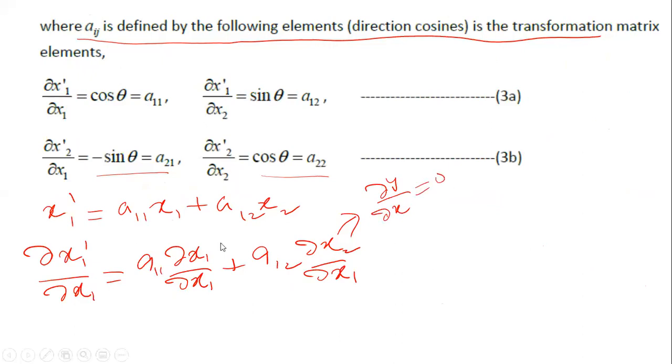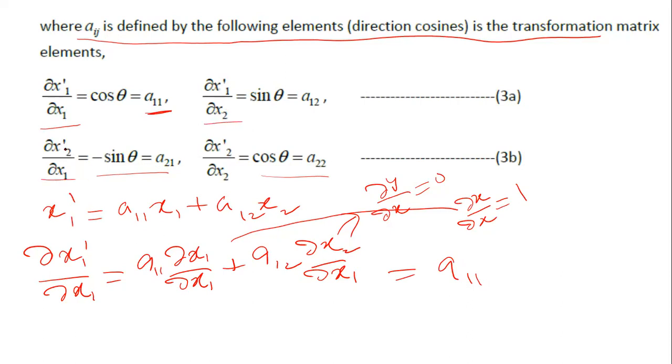So the first term is del x upon del x, this is 1. So this will be a11. So a11, as you see, is del x1 prime upon del x1. a12 is del x1 prime upon del x2, and similarly a21 is del x2 prime upon del x1.